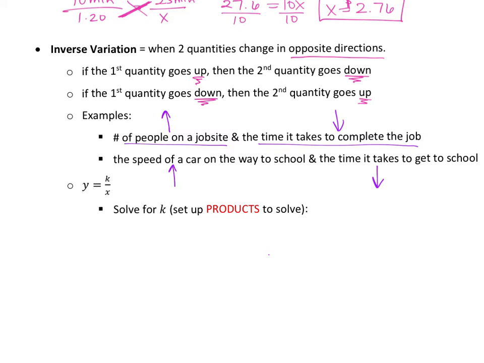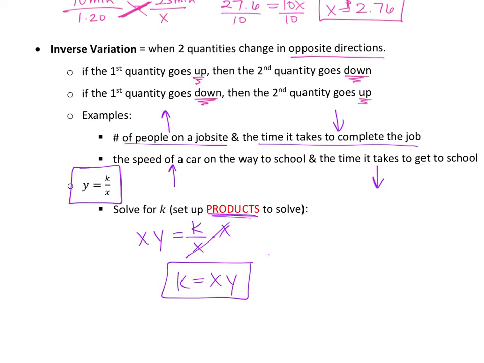So the equation for inverse variation looks like this. When you do inverse variation, if we solve for k right now, so y equals k over x, if I multiply by x on both sides, I get k equals x times y, okay? We are setting up products.